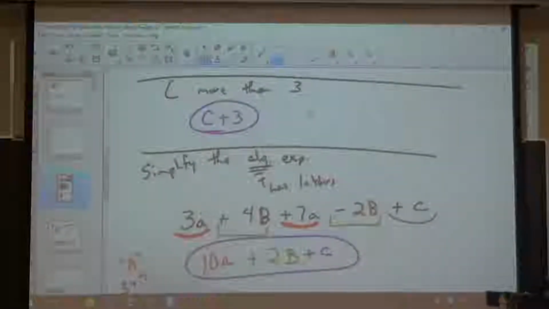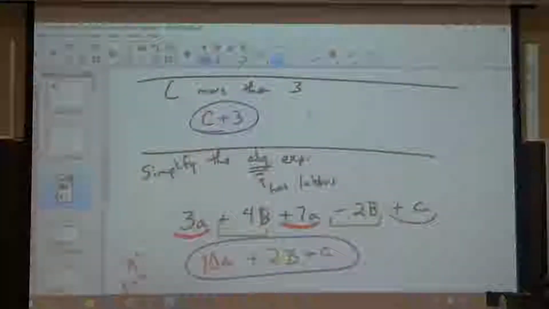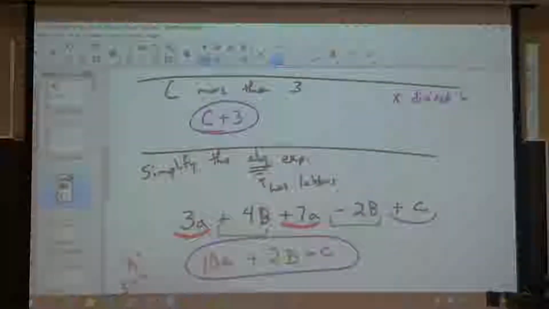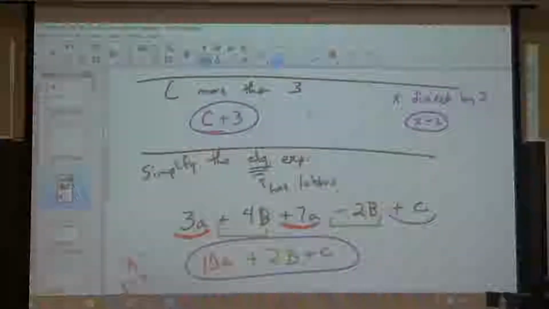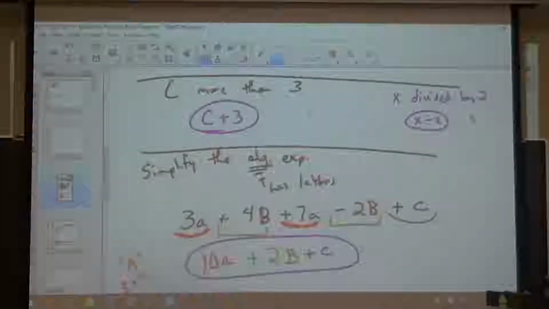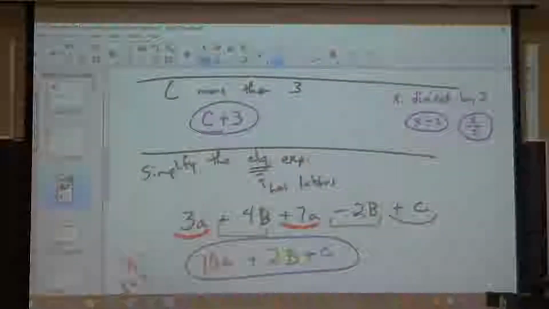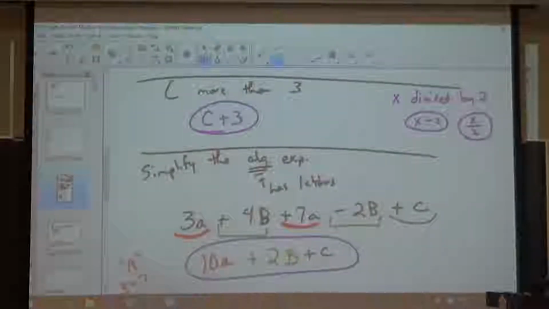They want you to turn an English sentence into a mathematical sentence. So if I said x divided by 2, that's all they want. Or you could get fancy and write it like that. They want you to turn an English word sentence into a mathematical sentence.